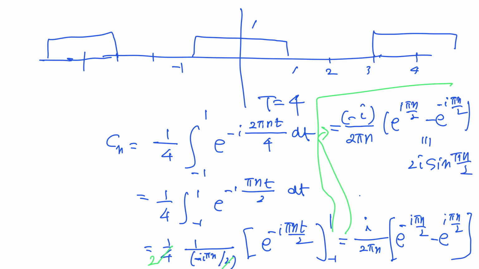So it is 1 over pi n, sine pi n over 2. Straightforward, right, to calculate that.